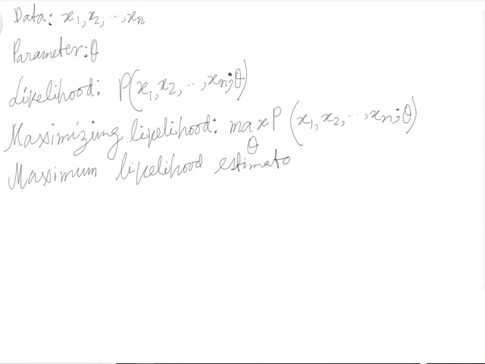Now, the maximum likelihood estimator is denoted as theta hat for the parameter theta, which represents that it is an estimator of the parameter theta, and this is the argmax over theta of the likelihood function. So it is the value of the parameter theta that maximizes the likelihood function given the observations.